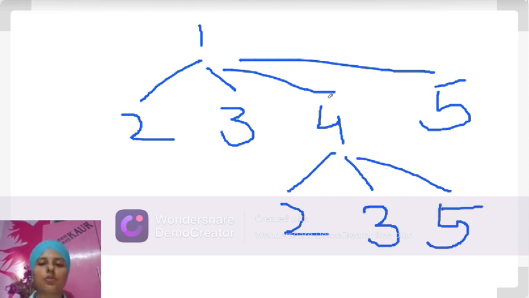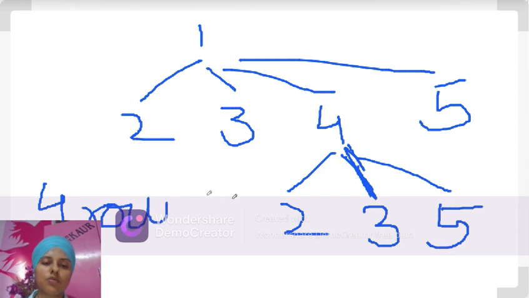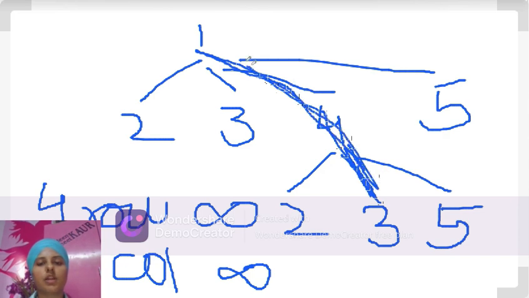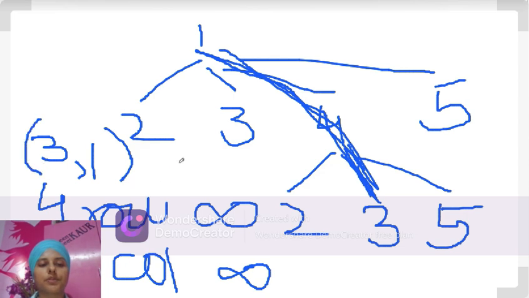Now we will be calculating for 4 to 3. 4 to 3 means we need to make the fourth row infinite and the third column infinite, as well as 3 to 1, because we can't move back directly from 3 to 1. So 3 to 1 also we will make infinite.